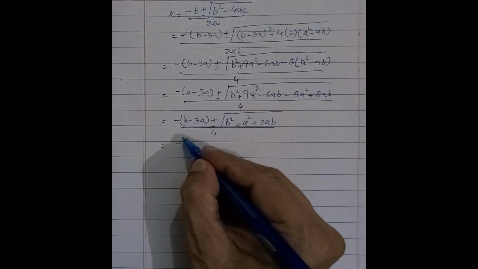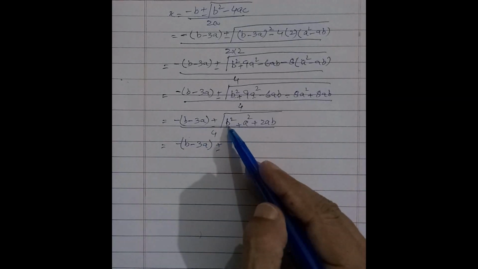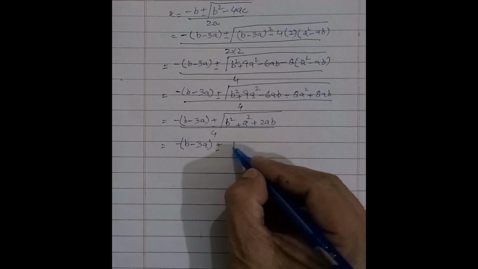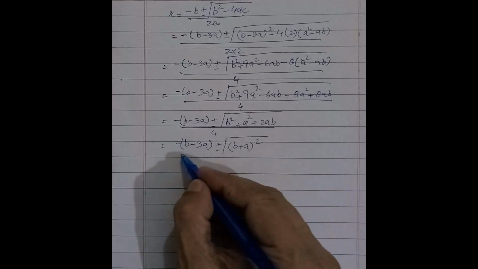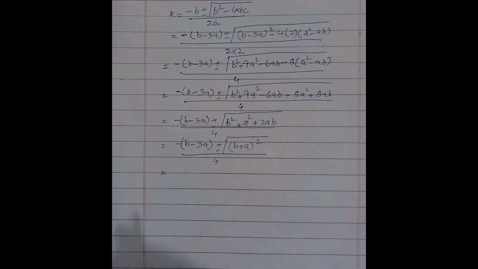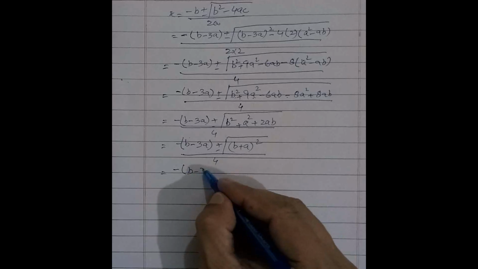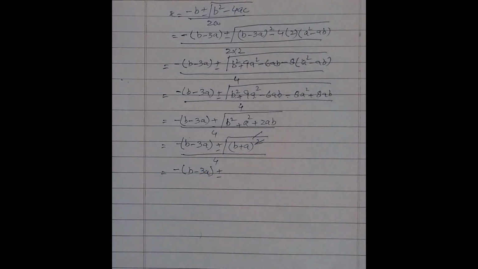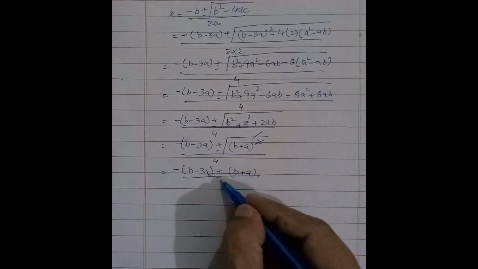And next, minus (b minus 3a) plus minus, it is a complete square of (b plus a) whole square over 4. Square and square root cancel each other.